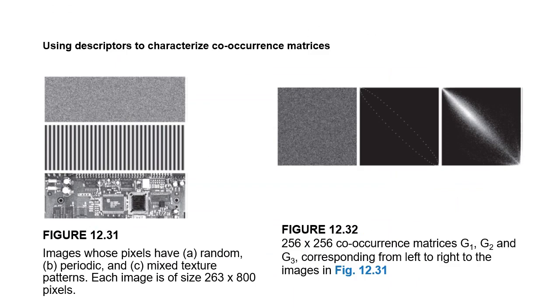So that means we could describe an object based on its surface using the co-occurrence matrix as well. This is a picture showing the different characteristics of the texture and also the co-occurrence matrix, how it looks like.